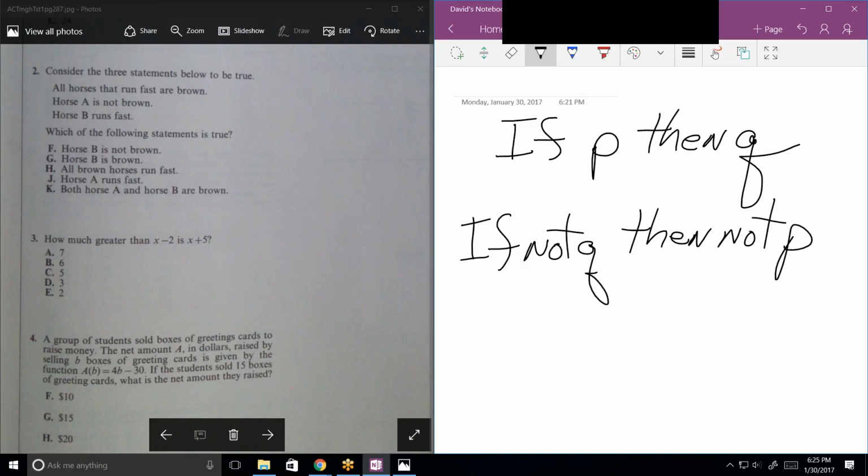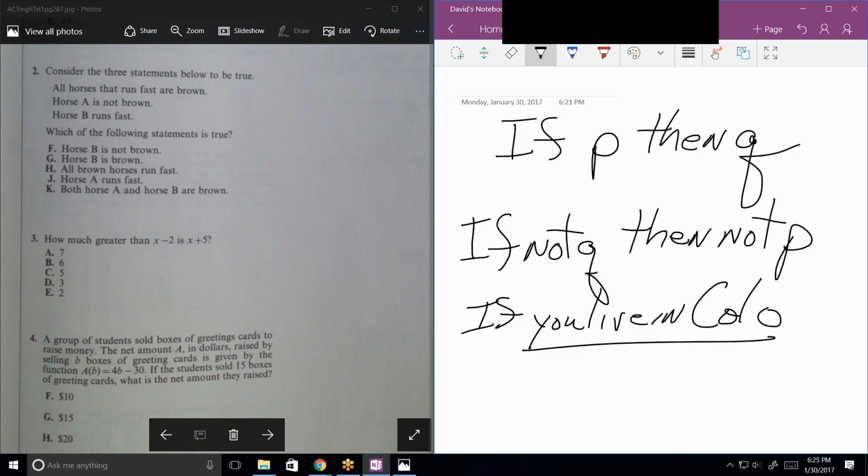But let me give you an example. If you live in Colorado, that's P, then you live in the U.S. Well, clearly the reverse is not true.